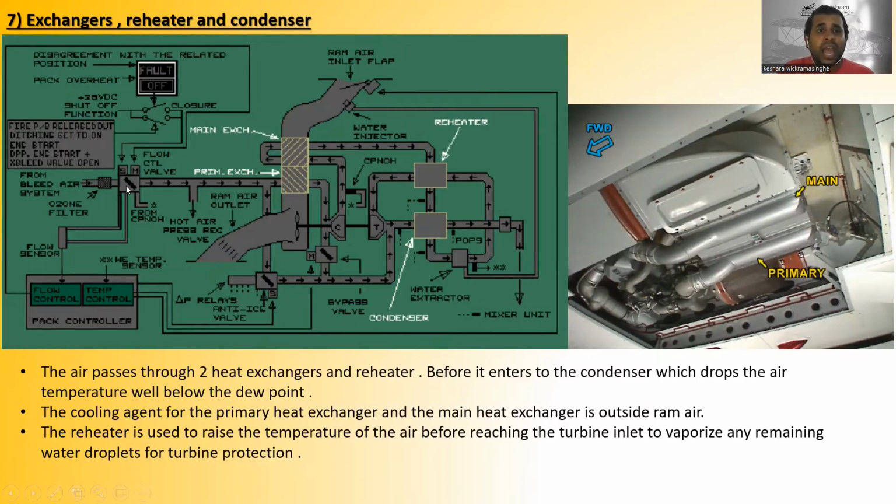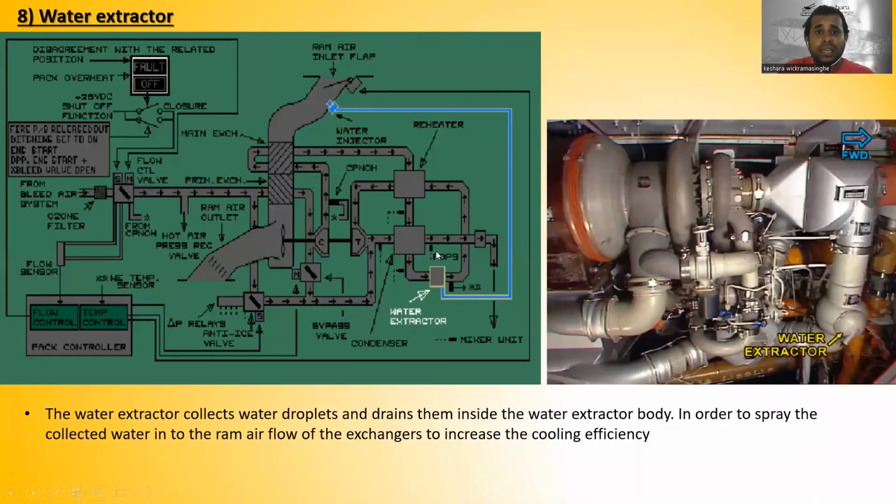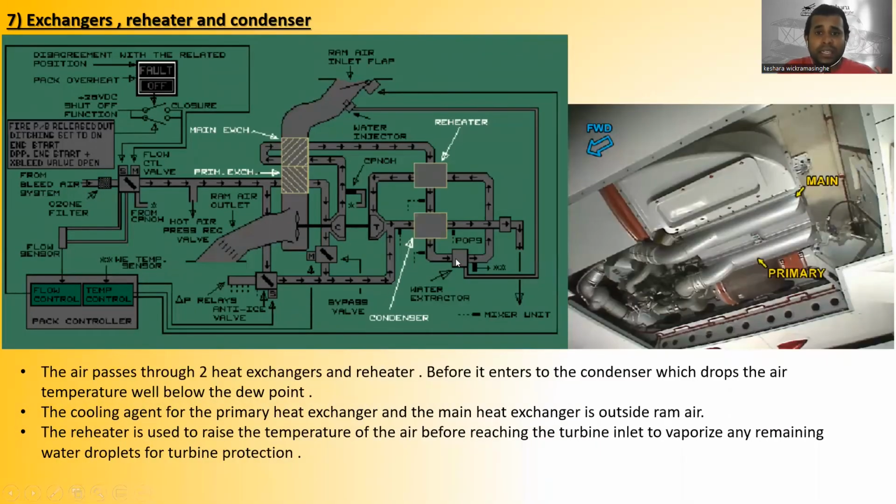This is the ozone filter, the flow control valve, and it goes to the bypass valve. Here is the anti-ice valve, and it goes to the primary heat exchanger, then the compressor, comes here to the main heat exchanger, then the reheater and condenser, the water extractor, and again to the reheater, then to the turbine, and it goes to the pack outlet.